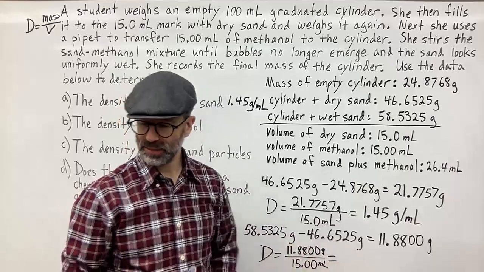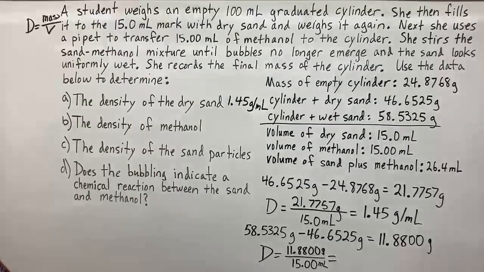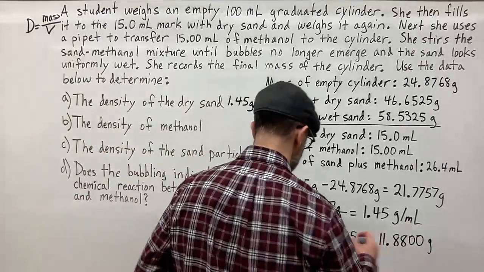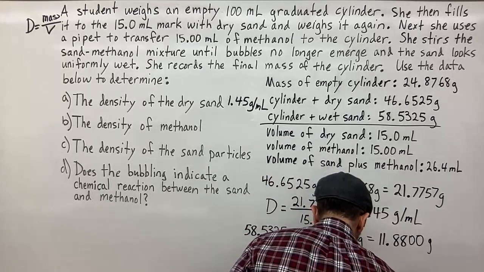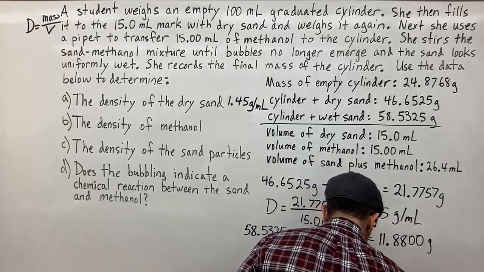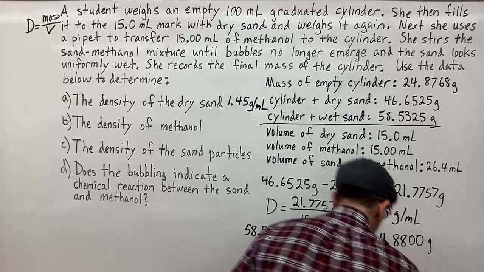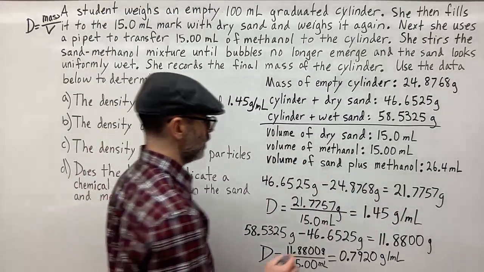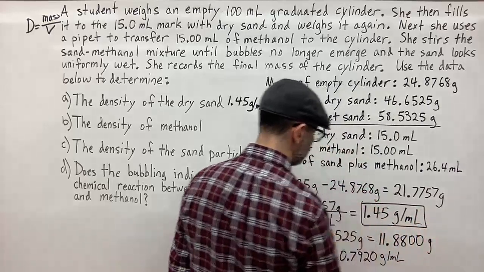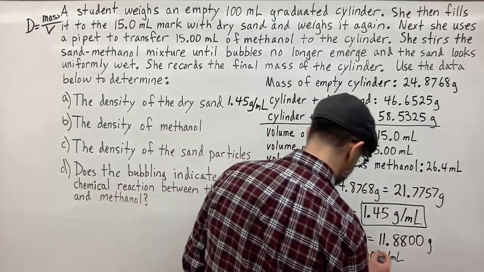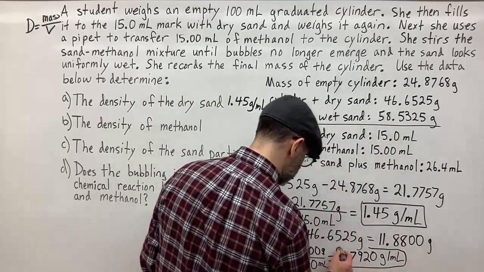So when we calculate this out, we get 0.7920 grams per milliliter. So this is the density of the methanol.